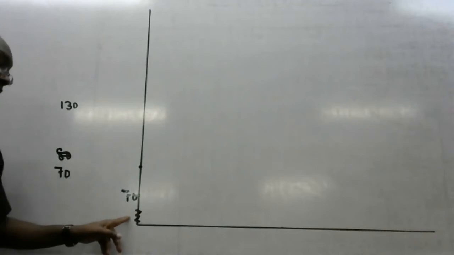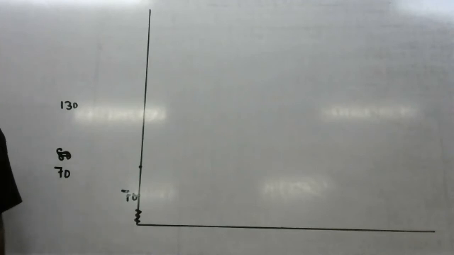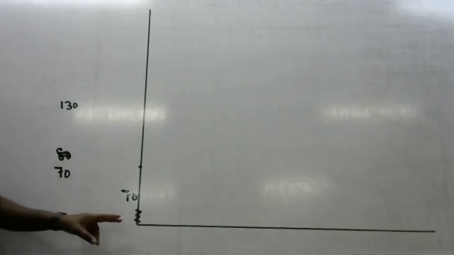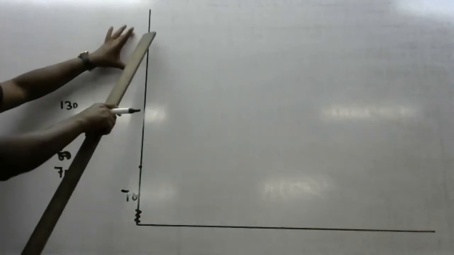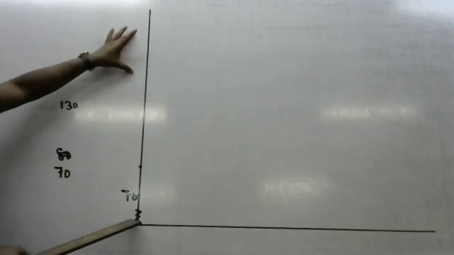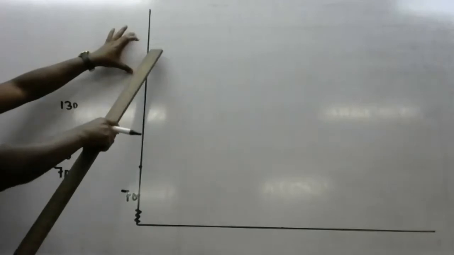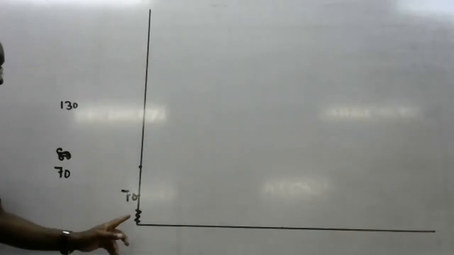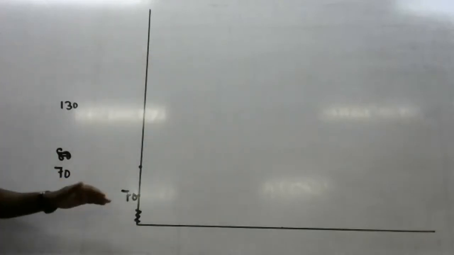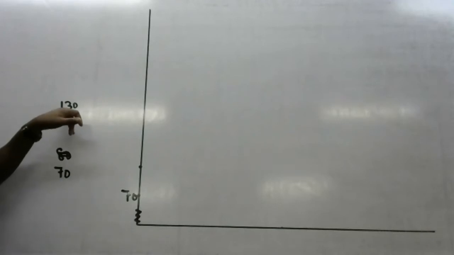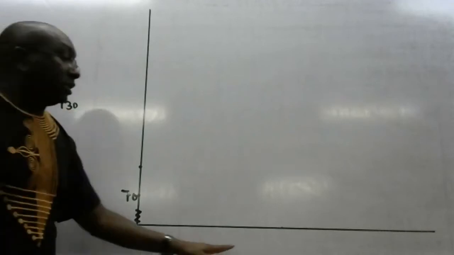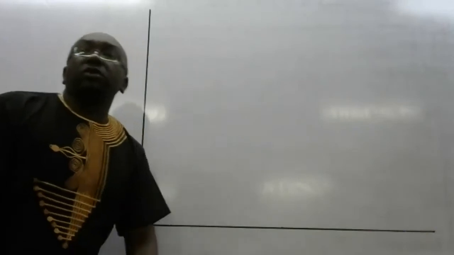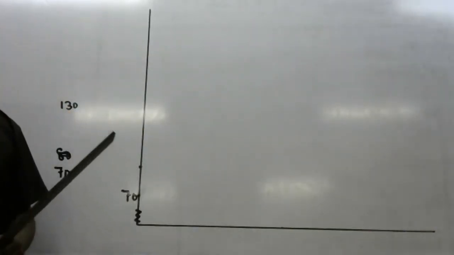So you need to show the scale has been broken. If you don't break the scale, your diagram will be confined somewhere here. If you start from 0, you will have the diagram right here, which is wrong. So you just break the scale, start here at 70, then do a scale that will go to around 130. And on this side, you do a scale that will go to how many flights?